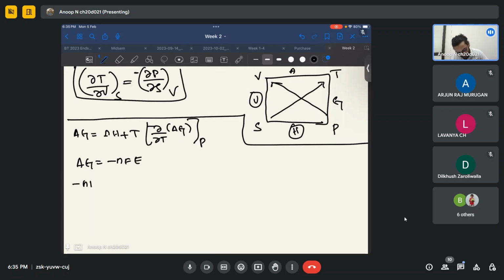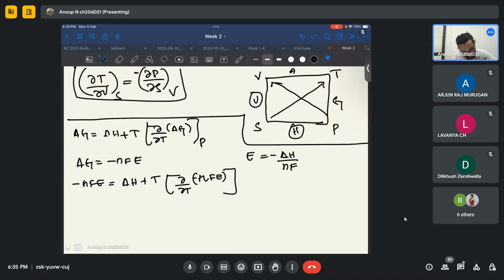So we can substitute: minus nFE is equal to ΔH plus T (∂/∂T) of minus nFE. We'll simplify it. We can write E is equal to minus ΔH divided by nF plus T (∂E/∂T), at constant pressure. This relationship is useful for finding ΔH or E for a cell.